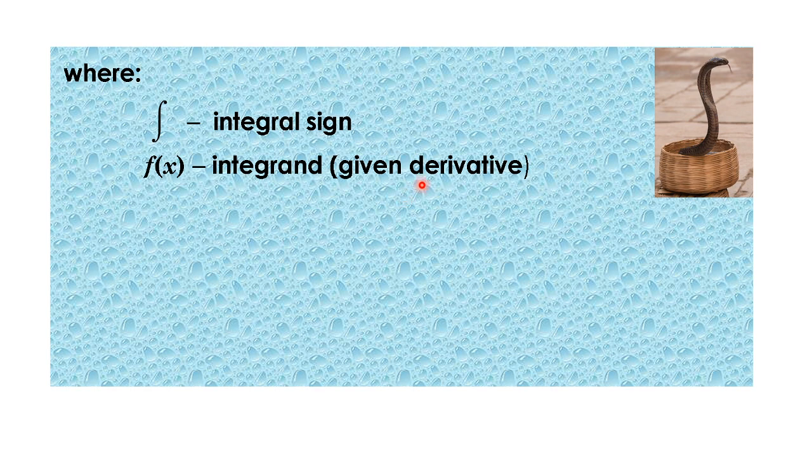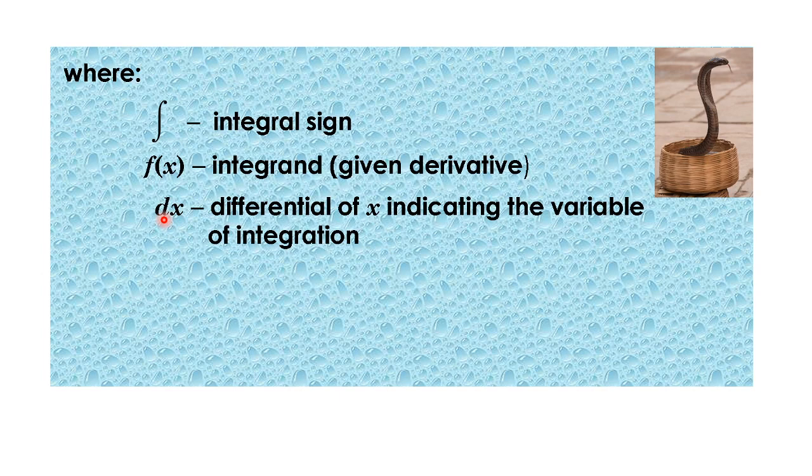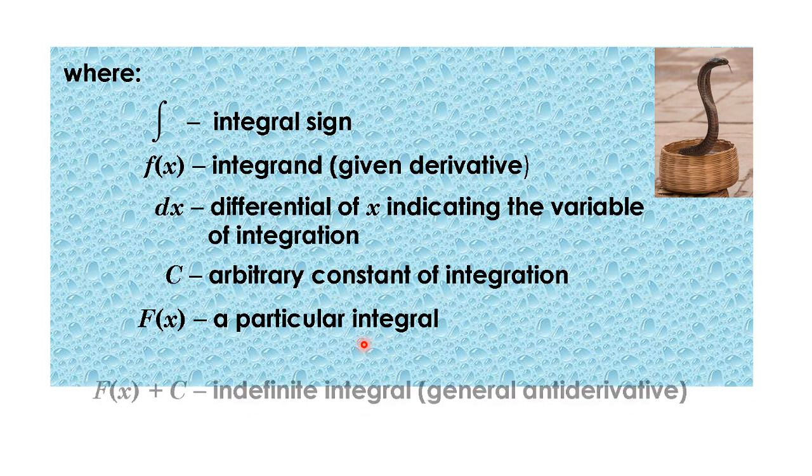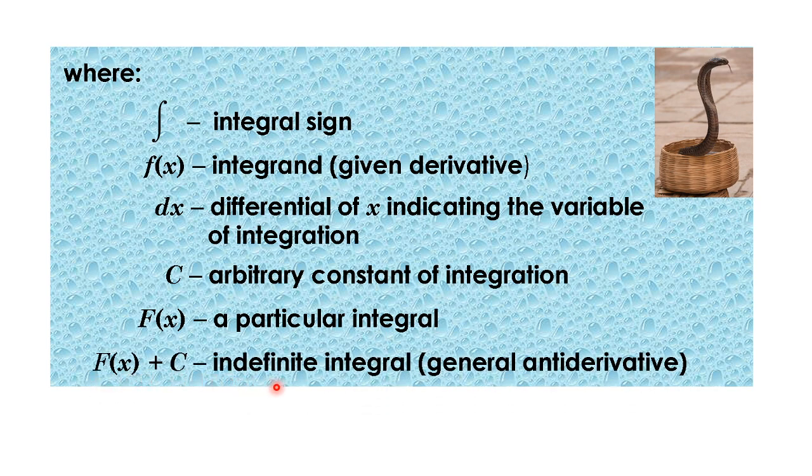Small f of x is the given derivative or the integrand. The differential of x, denoted by dx, indicates the variable of integration. C represents the arbitrary constant of integration. Big F of x is a particular integral or a particular antiderivative. Big F of x plus c is the indefinite integral or the general antiderivative.